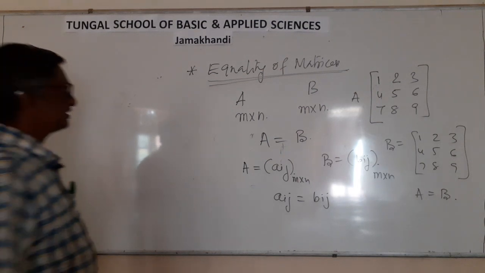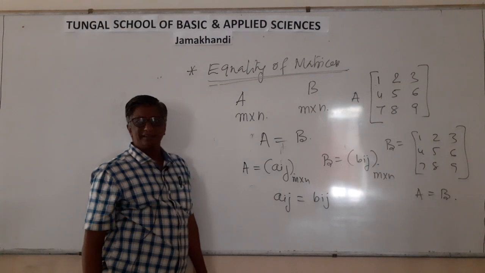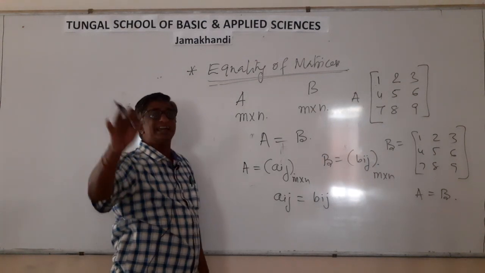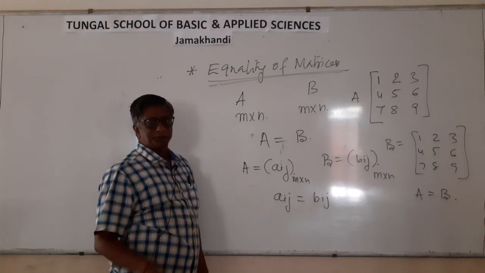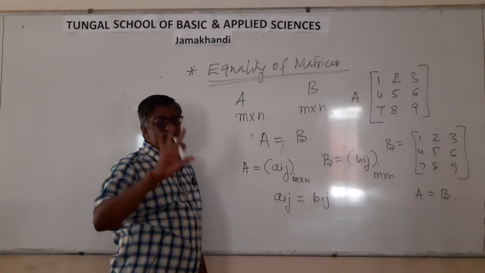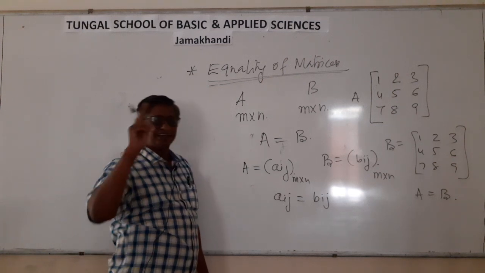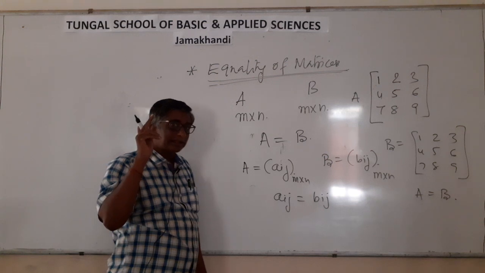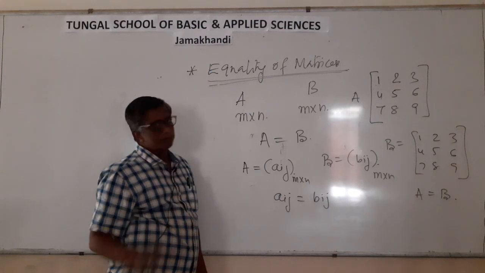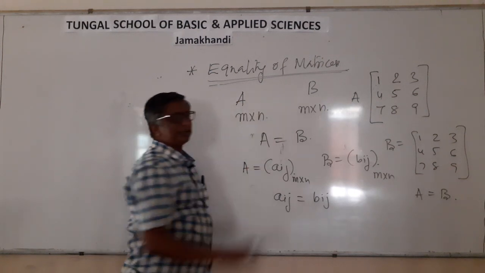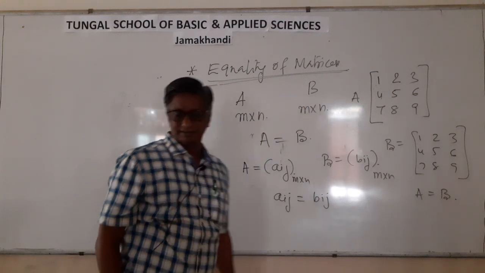You can write the definition of equality of matrices. If A and B are two matrices of the same order, A equal to B if and only if the ith and jth element of A is the same as the ith and jth element of B, then the two matrices are said to be equal matrices.